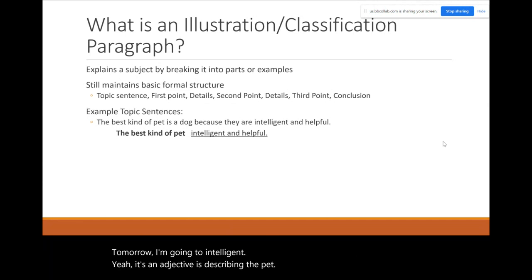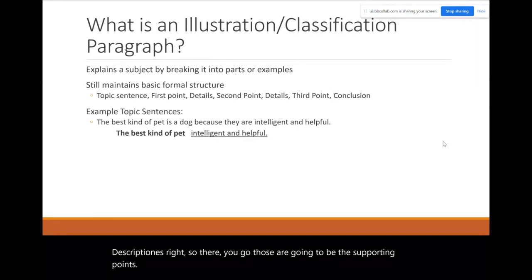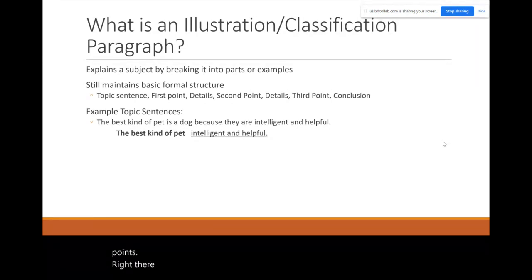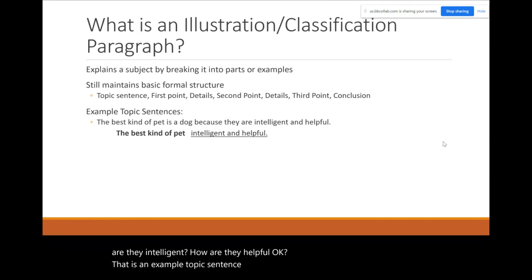Okay? Intelligent and helpful. So that's where we're focusing in this paragraph. We want to focus on these two descriptions, right? Those are going to be the supporting points right there. Intelligent, helpful. And then you're going to give details about how. How are they intelligent? How are they helpful? Okay, that is an example topic sentence for this kind of paragraph.